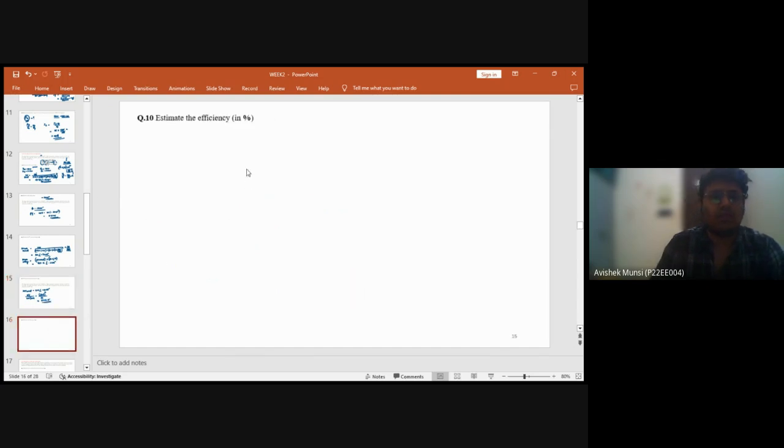Next question, we have to calculate the efficiency, and we calculated the output as 3209 watt. Now we have to calculate the input, and efficiency means output by input into 100%.